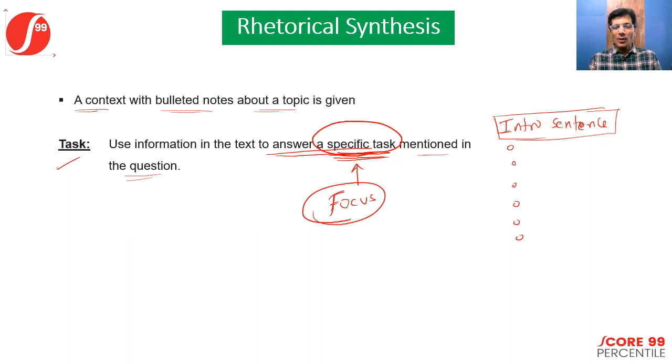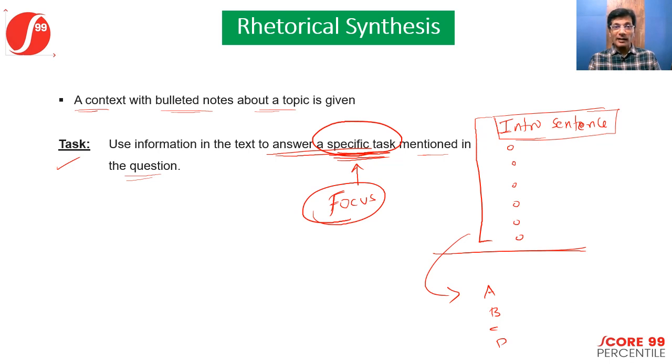This is very, very important because once you have a question stem and then there are 4 answer choices given to you, in all likelihood, all 4 answer choices could make complete sense, which means that whatever you have read in the context may very well match with your answer options.